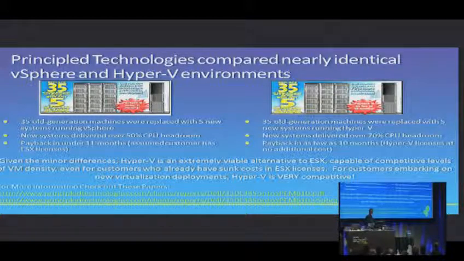The next one to talk about only came out recently, and this is a really interesting one. This was done by a group called Principled Technologies. Their specific goal with this test was, given their workload, to go out and buy hardware, software, everything to meet a specific performance bar that they had set, and then to look at what the cost of VMware versus Hyper-V was in order to reach their performance goals.